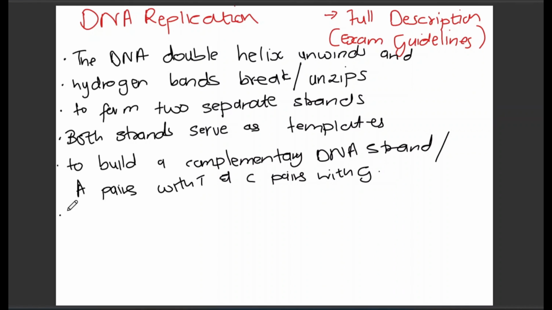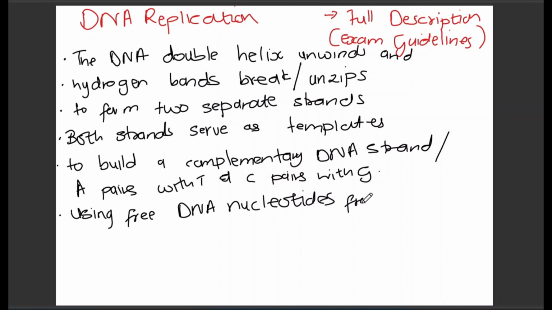Then the next point. Now, in order for us to build the complementary DNA strands, we are going to be using free DNA nucleotides. This is very important to mention that we are using free DNA nucleotides. And where are these nucleotides from? They are from the nucleoplasm.